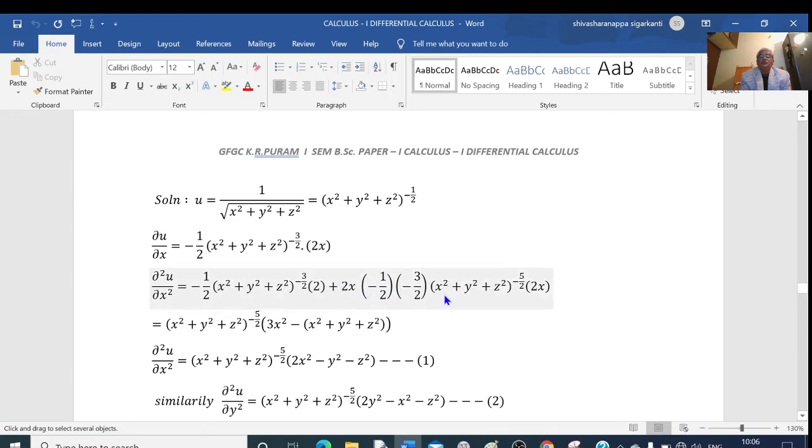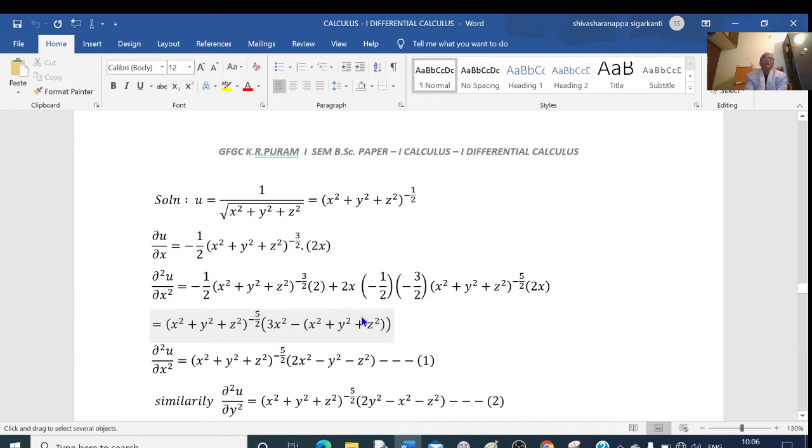This 2 gets cancelled. I am taking (x² + y² + z²)^(-5/2) as the common factor. I am getting 3x·x, that is 3x², minus, here the power is -3/2. I had taken -5/2 common factor here. Therefore, what remains here is x² + y² + z².